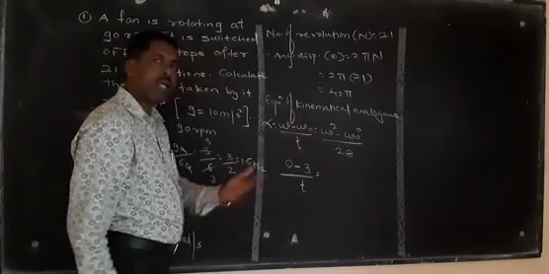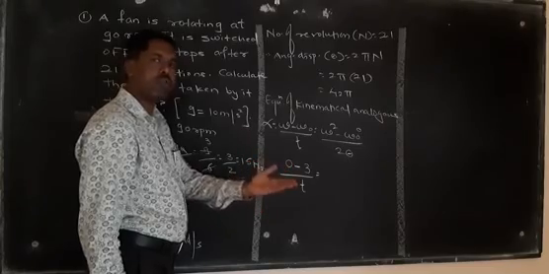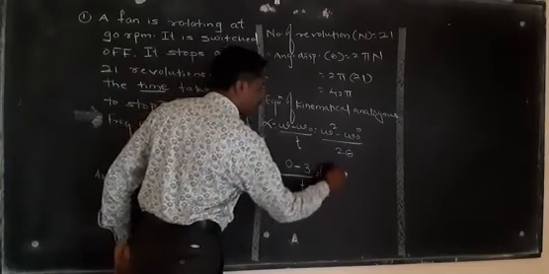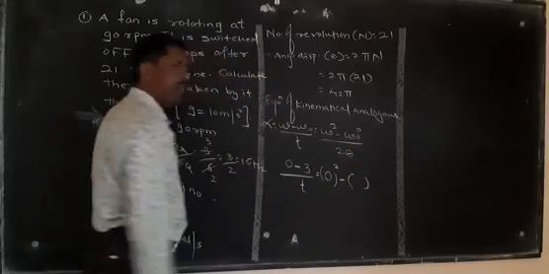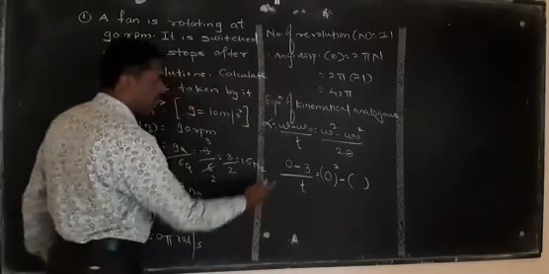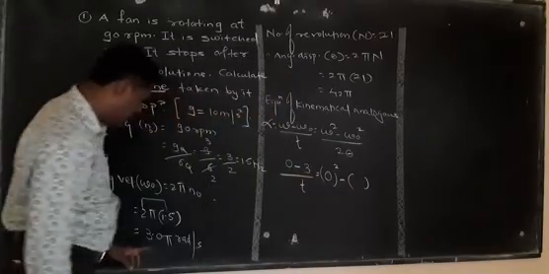Omega square. Again, we know that finally the fan stops rotating, so its final angular velocity is 0. So 0 square minus initial angular velocity, that is nothing but we have calculated already, it is 3 pi.